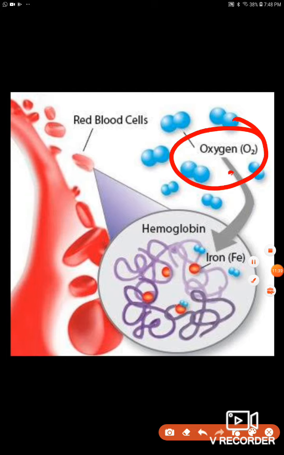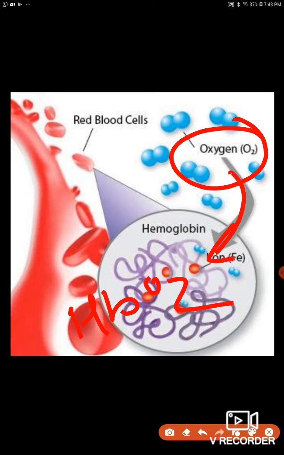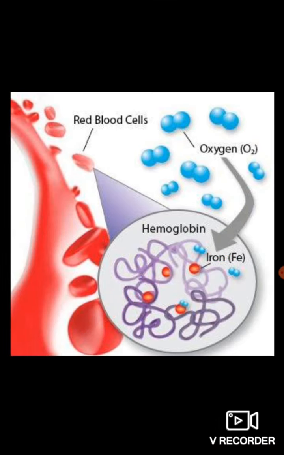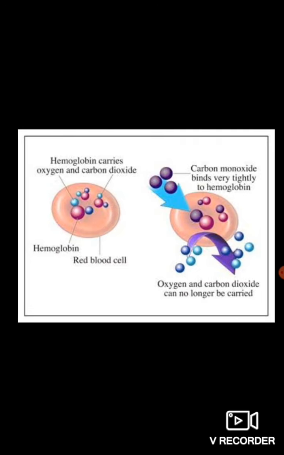This oxygen combines with this heme portion or the iron portion, and they form oxyhemoglobin. Okay, hemoglobin can carry a very small quantity of carbon dioxide also in the form of carbaminohemoglobin. This also we have studied in the function. Now the interesting fact, hemoglobin has a very strong affinity for carbon monoxide.